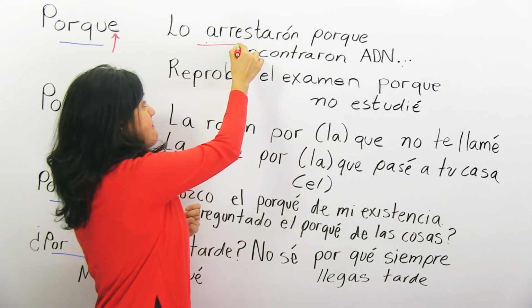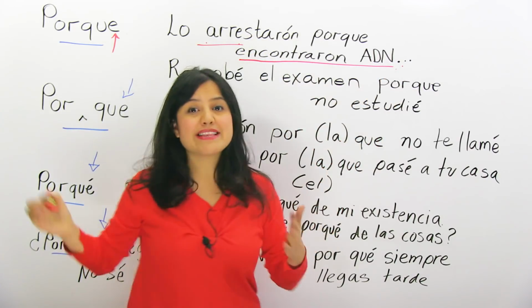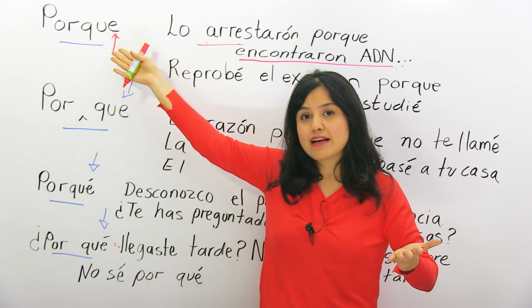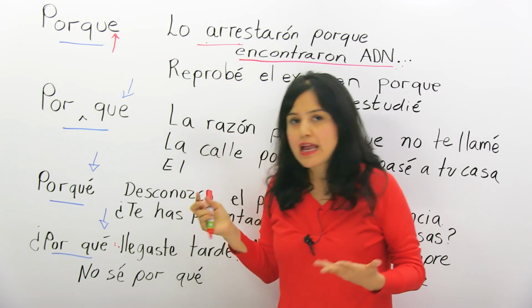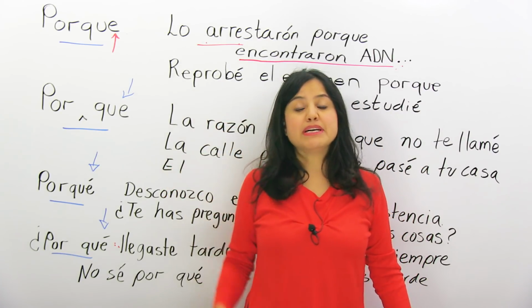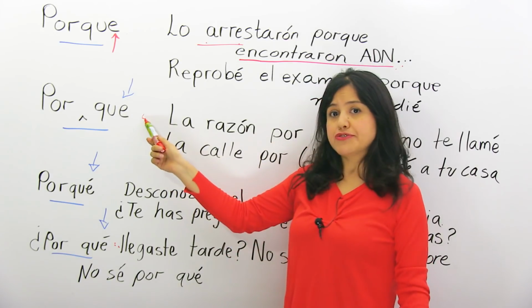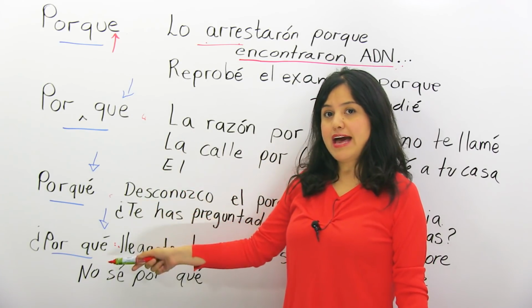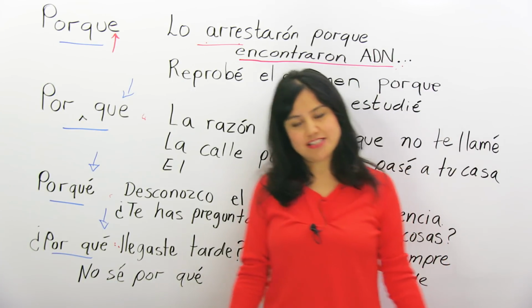Now, this is the effect of this cause. That's what they call a causal, because it's giving you the cause. For example, me salió un barro. I got a pimple because I ate too much chocolate. Are you going to use this or that? Well, no, because I'm giving you the reason for it.